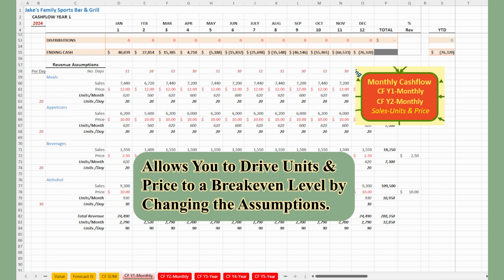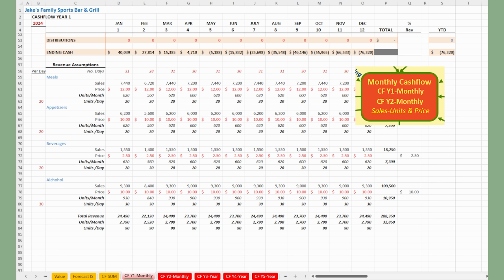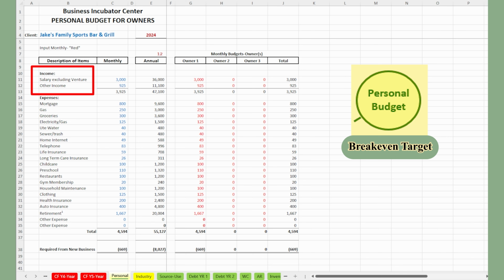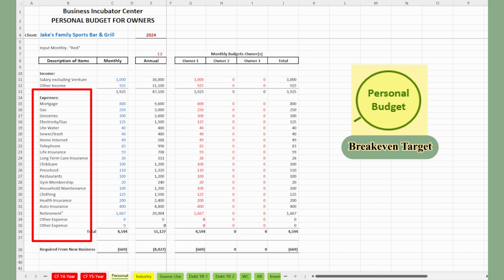Cash flow monthly year 2 works the very same way. We are in the Personal tab now. Here's where you enter the break-even budget information we talked about earlier. You enter income, excluding the income received from the business, and you enter all of the personal expenses you want to include.